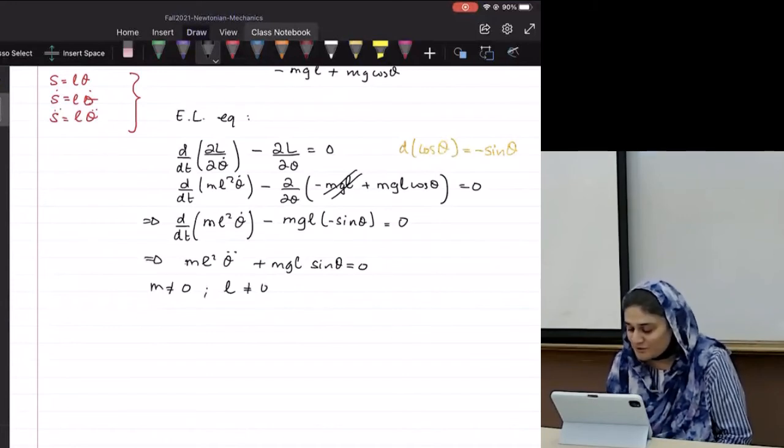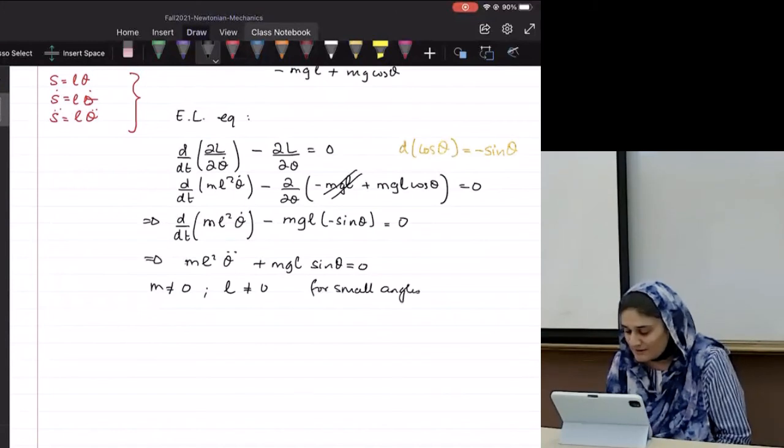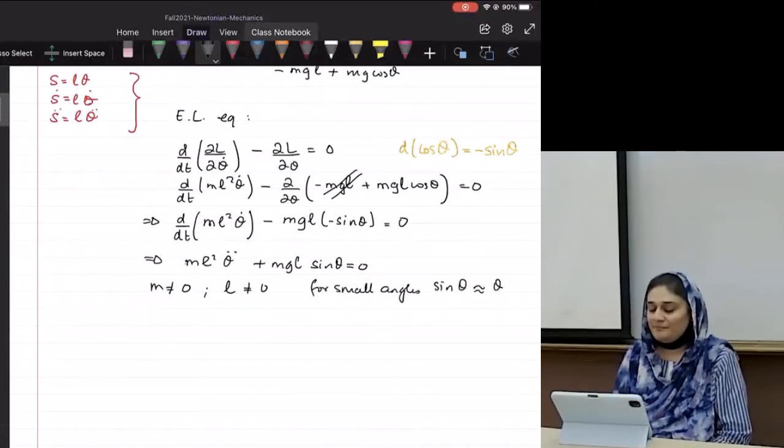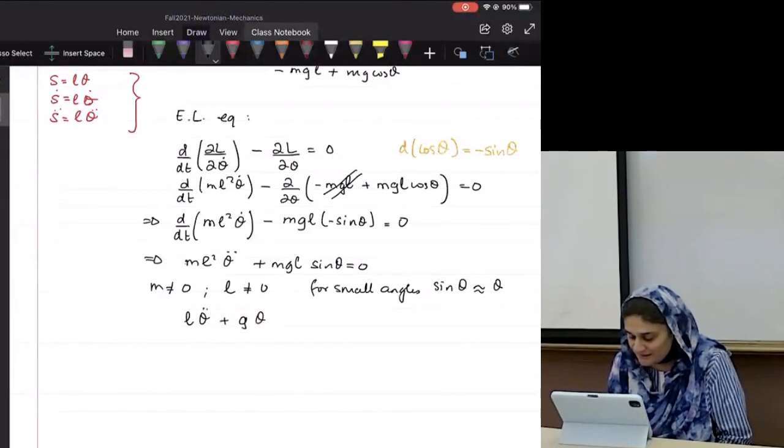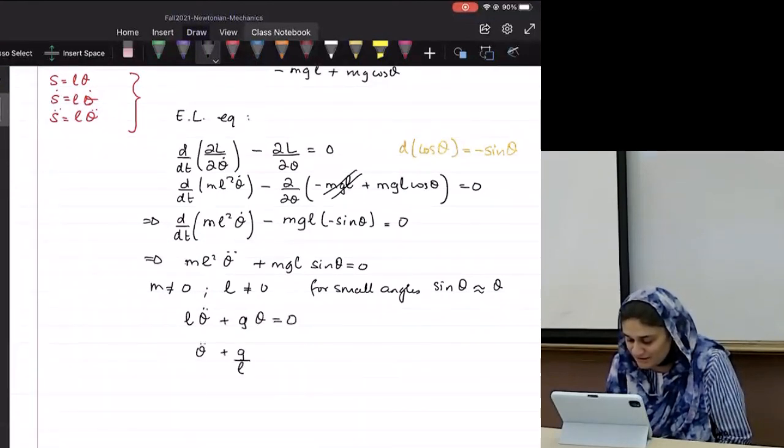And for small angles, sine of theta is approximately theta. So what am I left with? L theta double dot plus g theta equals 0, or theta double dot plus g over L theta equals 0.